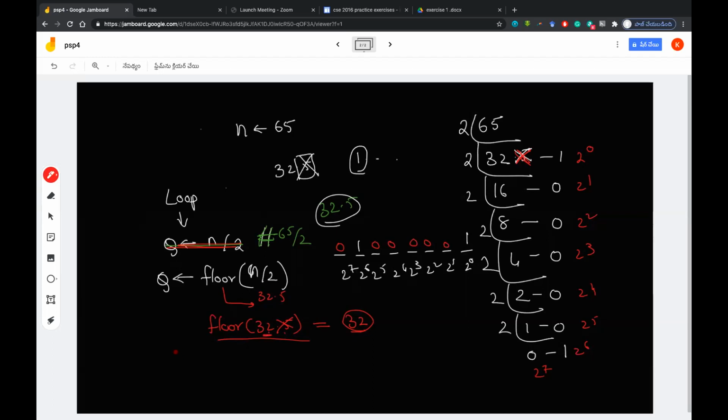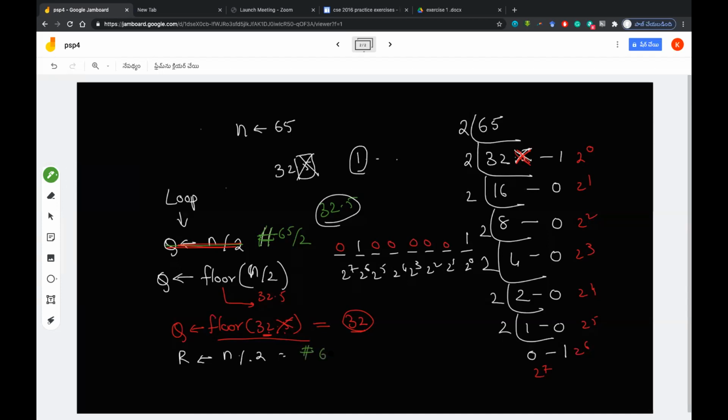So next, simply Q will become 32 naturally, right? The next step we are thinking about is, after the quotient, we need to get the remainder. So now you say R, which is n mod 2, which will give you the remainder. Because our n is 65, I will write it in the comments.